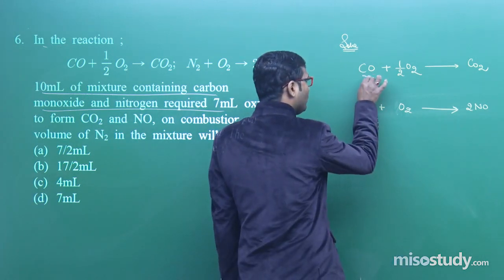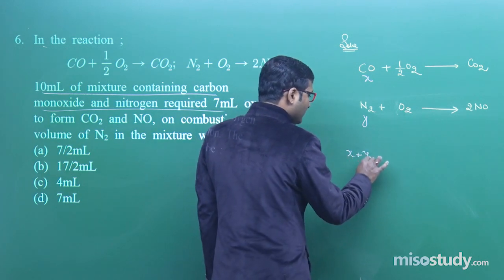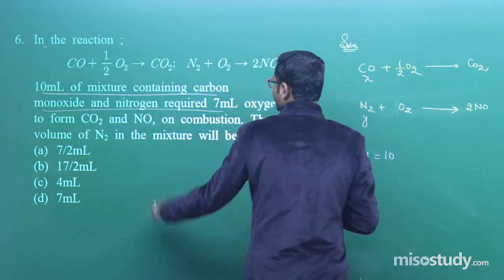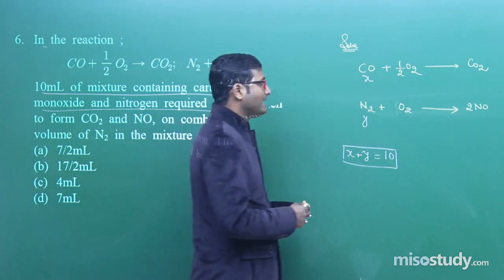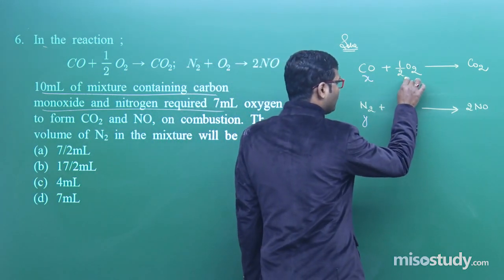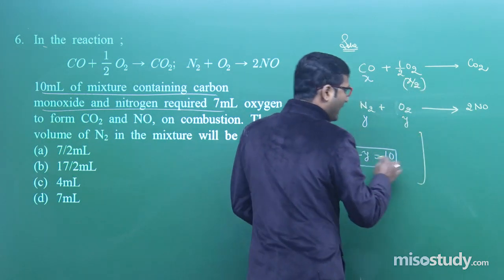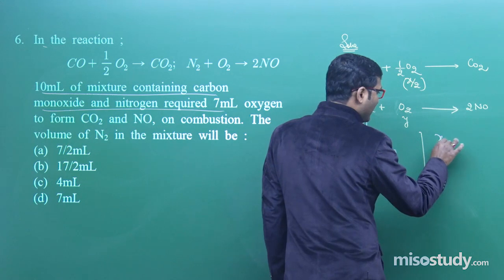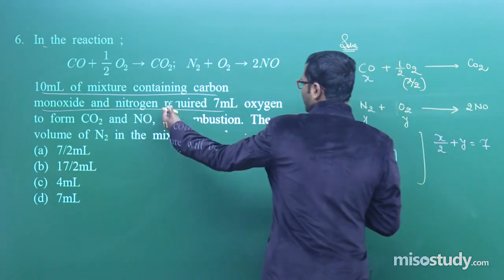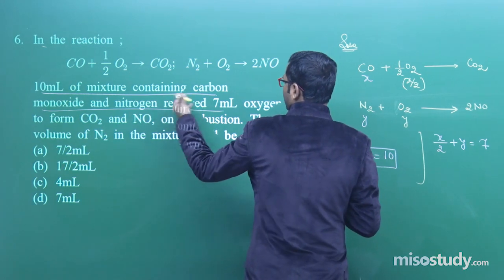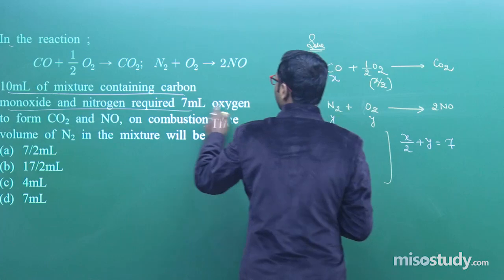Suppose CO is X and NO is Y. So we write X plus Y is 10 ml as per the question. Now balance the reaction: we have to put X by 2 and here Y. According to the question, X by 2 plus Y is equal to 7, since the mixture required 7 ml of oxygen.